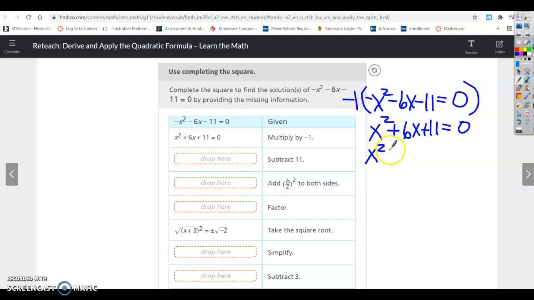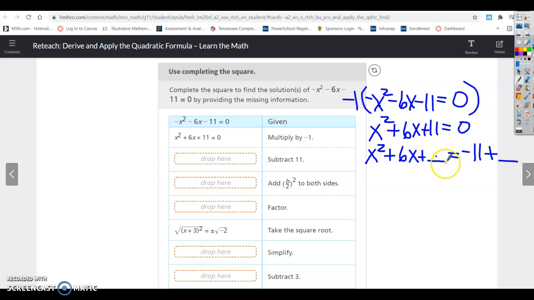So we're going to have x squared plus 6x, and I always leave a blank here. You don't have to, but it reminds me to fill in the blanks. I'm going to subtract 11 to the other side, and then add a blank here, so that forces me to do the same thing on both sides of the equation.